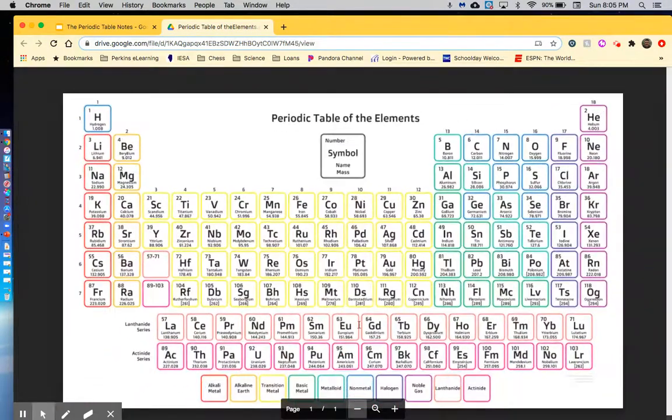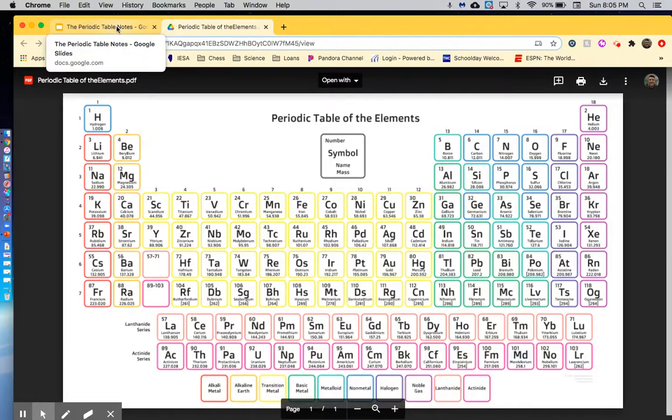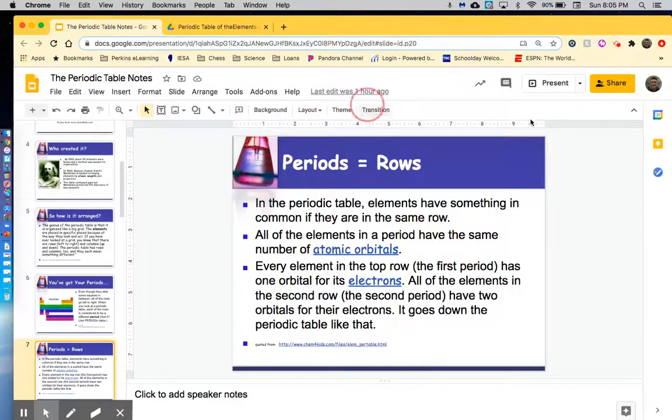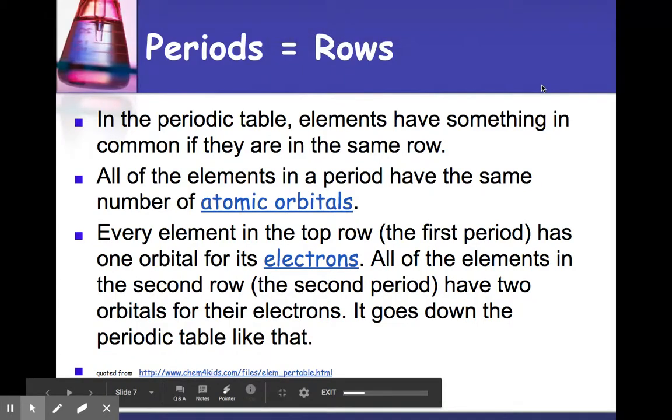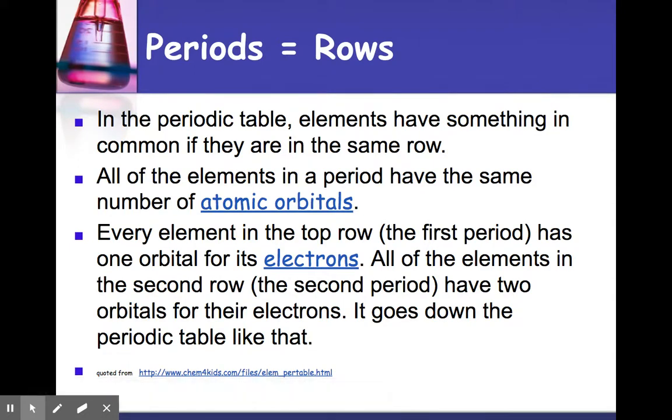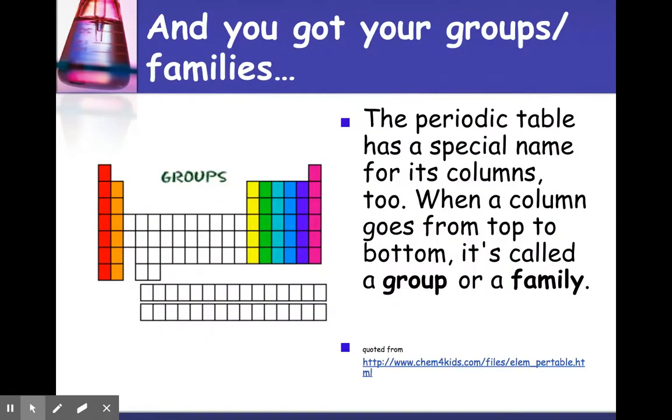So let's go and talk about the groups and the families. Along with a period, 7 periods for the periodic table with all the elements located somewhere there, you also have what are called groups or families. You could use either word, group or family, and those are the vertical columns.